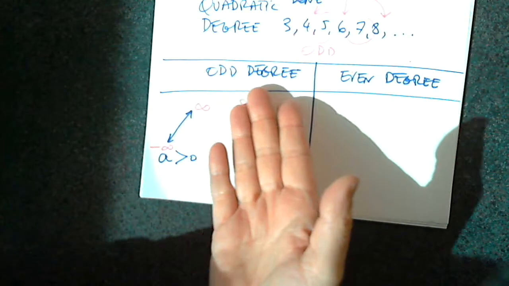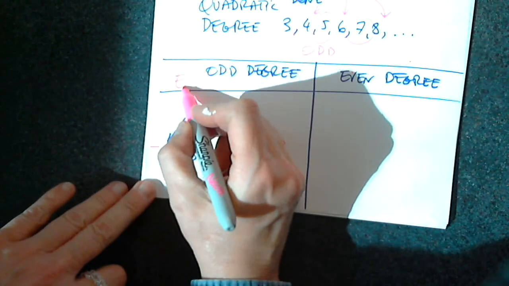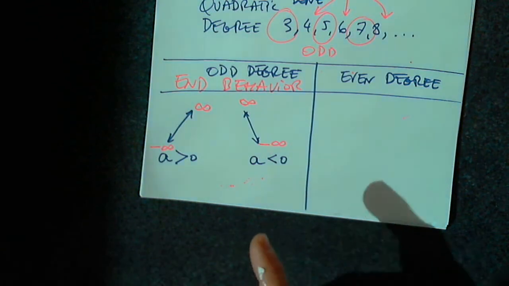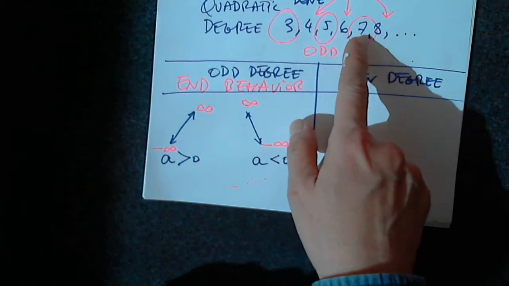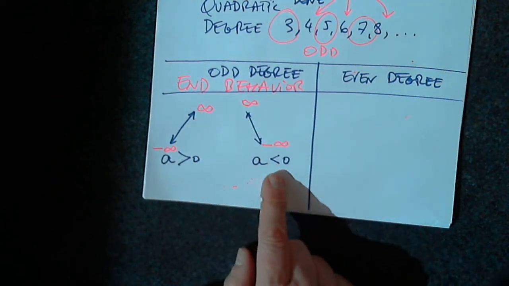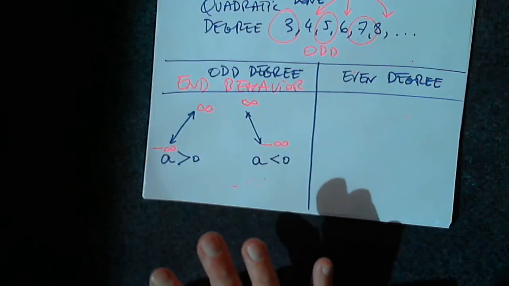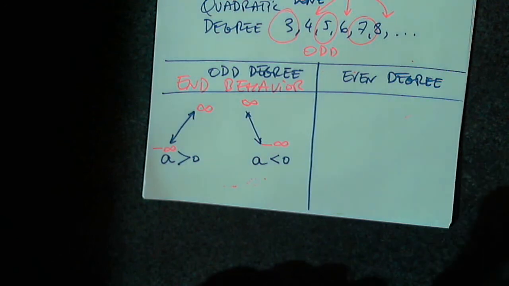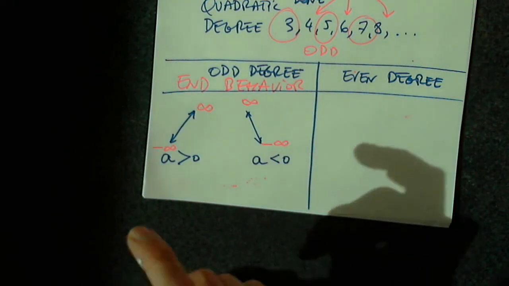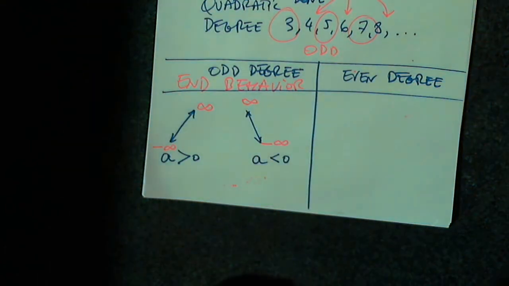So any odd degree will have this end behavior, which is called end behavior. So any odd degree, degree 3, 5, 7, if it has a positive leading coefficient, will behave like this. If it has a negative leading coefficient, it will behave like this. It will not look like a linear function. No, not at all. But it will start at negative infinity and go to positive infinity. Or in the case of a negative leading coefficient, it will start at positive infinity and go to negative infinity.